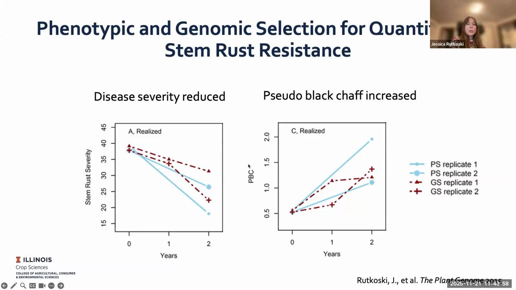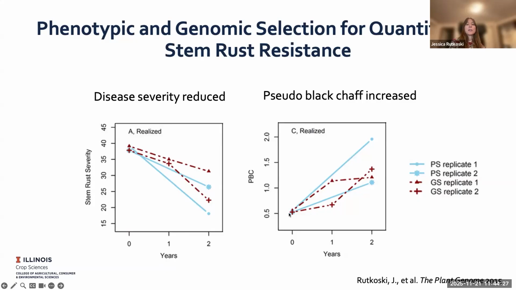One thing that was interesting, which you always have to keep in mind when you're doing recurrent selection, is that you have traits correlated to your trait of interest. In this case, there's a trait called pseudo-black chaff that's correlated with stem rust resistance. The more resistant varieties tend to have this darkening, like melanin, that's produced on the heads and on the stems.